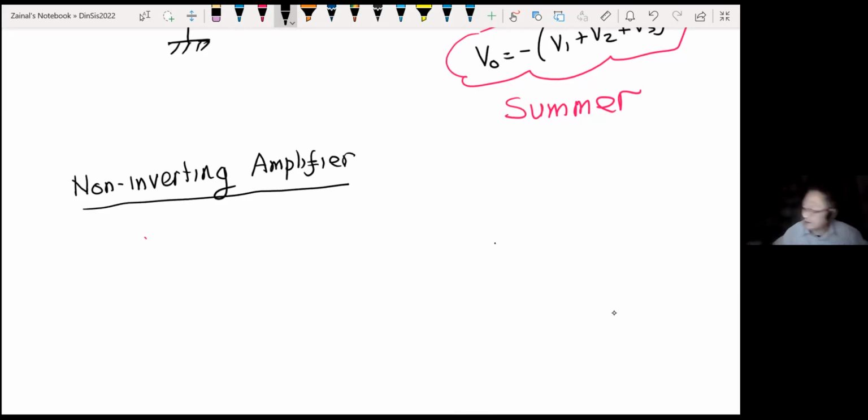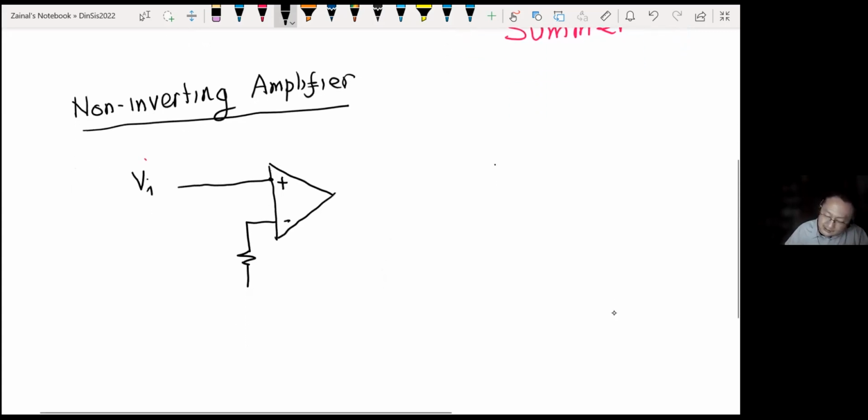The circuit I have to change because the one I showed you looks complicated, but actually it's not. So this one is VI, V in, connected to the plus one, while the negative is connected to R2 and then connected again to R1. So this one is R2, this one is R1, and this one is connected to this one. This one is VO.